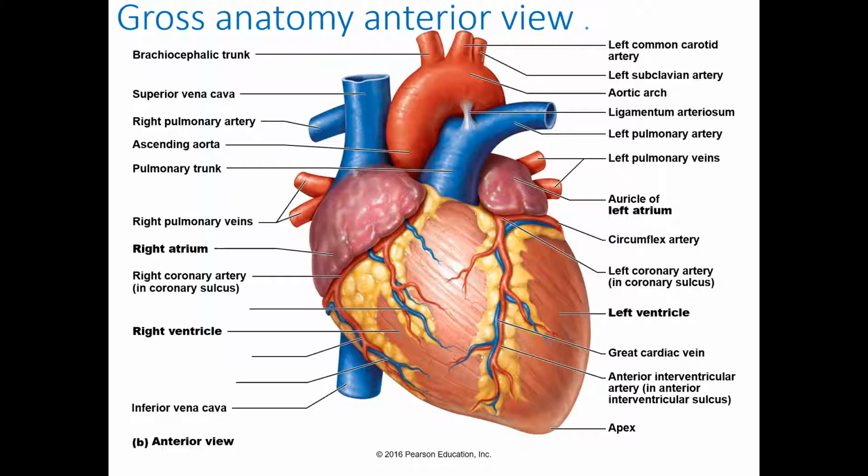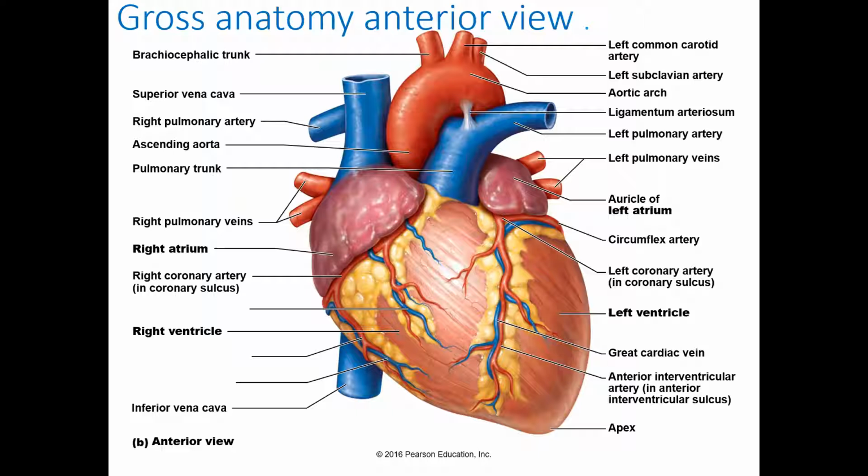Notice where we see right here, the right atrium above the right ventricle. There's a groove here. This is called the coronary sulcus. The right coronary artery is on the right side of the heart. The right coronary artery is in that sulcus.